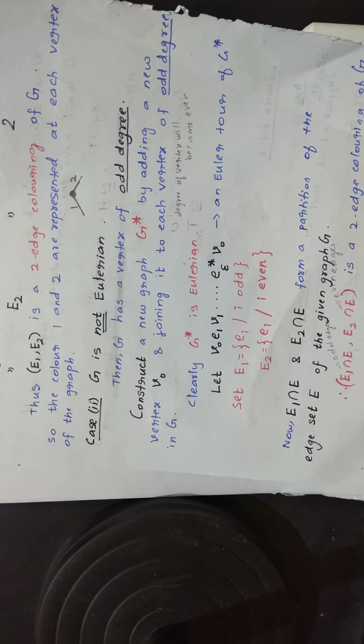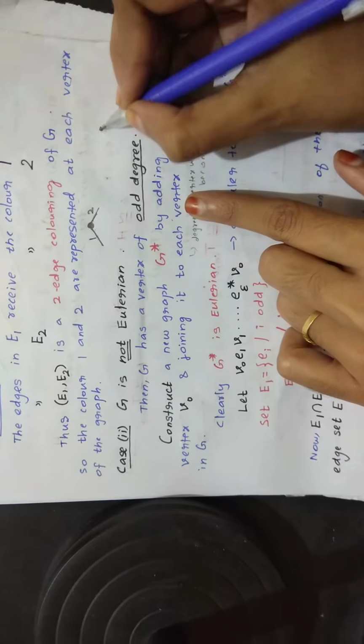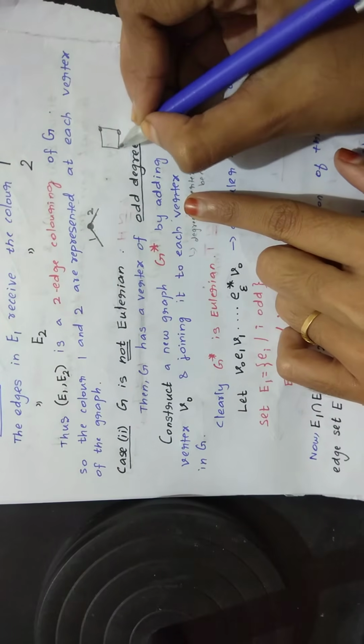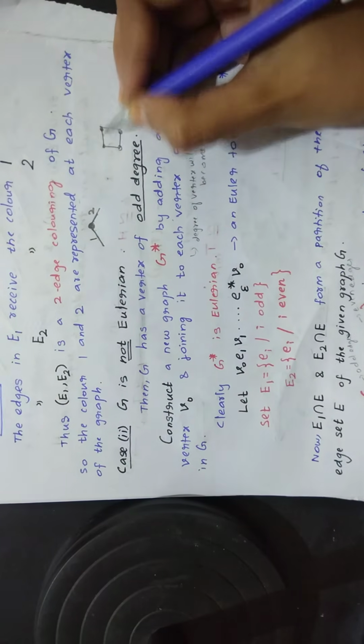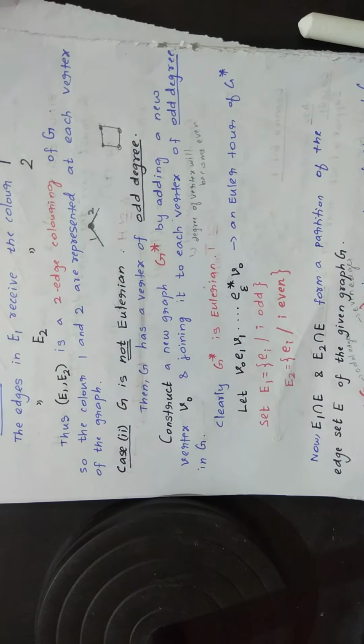So if there is no cycle, G might have vertices with odd degrees. If G has even degrees, look at this: 1, 2, 3, 4. Only if G has even degrees, then they form a cycle.